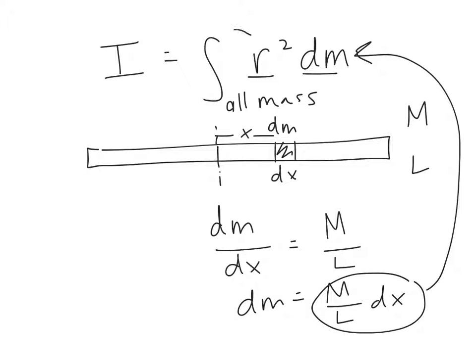So this r is going to become an x. So I'm going to rewrite my equation with those two substitutions. When I do that, I'm going to have that I is equal to the integral of x squared, instead of r squared, times m over l times dx.